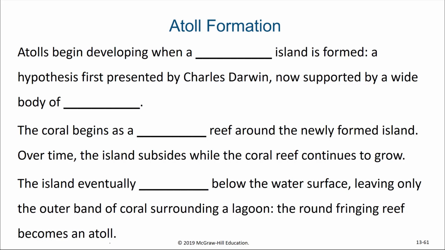Atolls begin developing when a volcanic island is formed. This hypothesis, first presented by Charles Darwin, is now supported by a wide body of evidence. Around this volcanic island, a fringing reef begins to form.